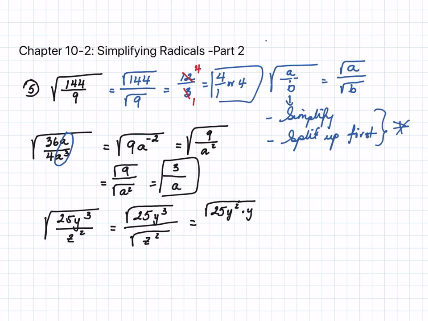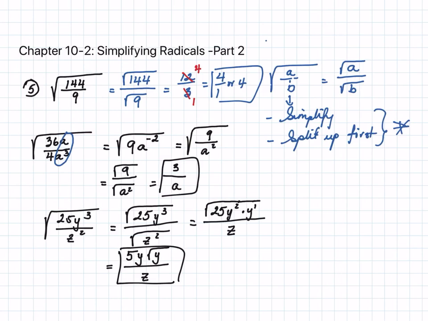I always want to pair the perfect squares together. That gives me a z on the bottom, a 5, and y squared gives y. The remaining y is not a perfect square and I cannot find another one to pair it with, so I leave it inside the radical.